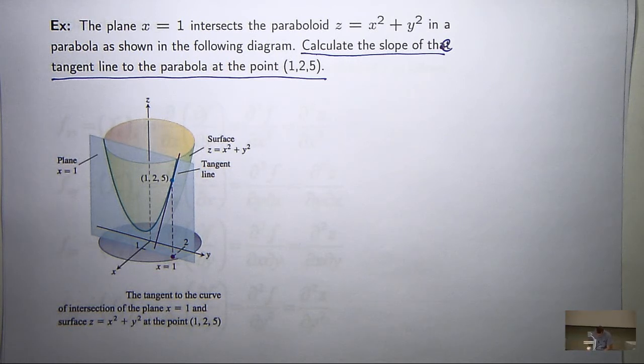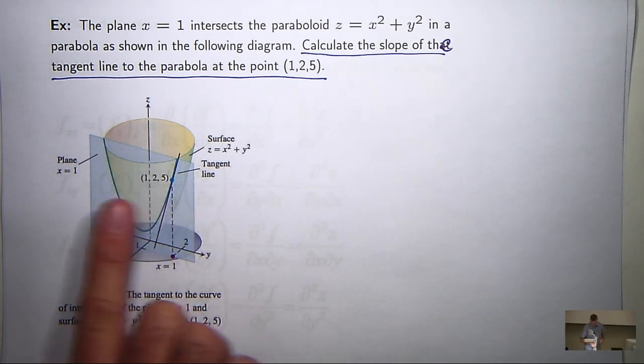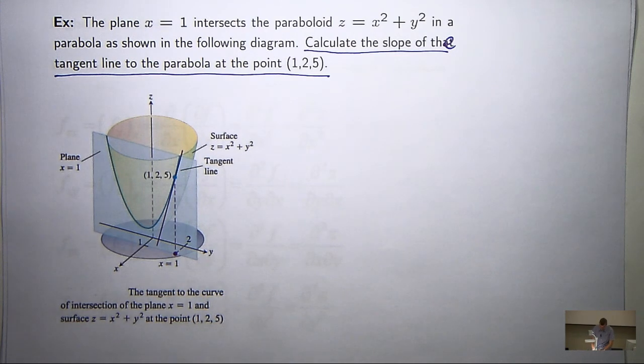So okay, what do you know? If we move along the plane, y is changing, but x is not. x is just 1 all along that plane. So do we want df dx or df dy? df dy, right, okay. df dy.